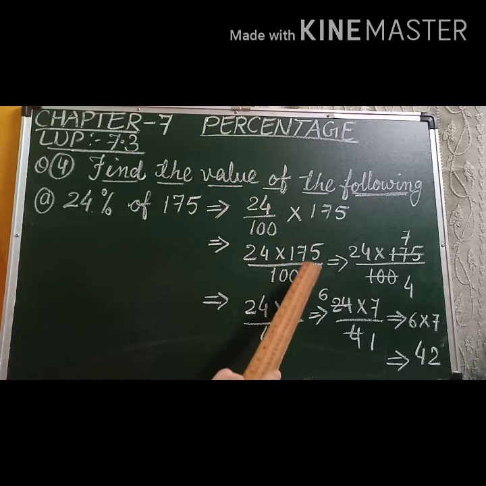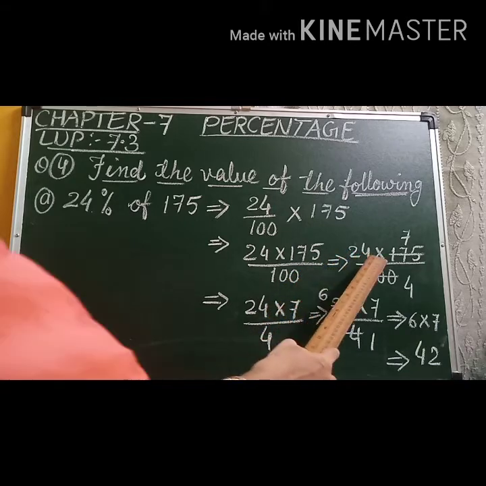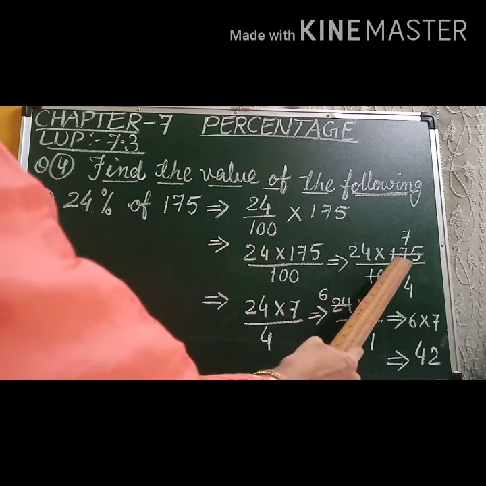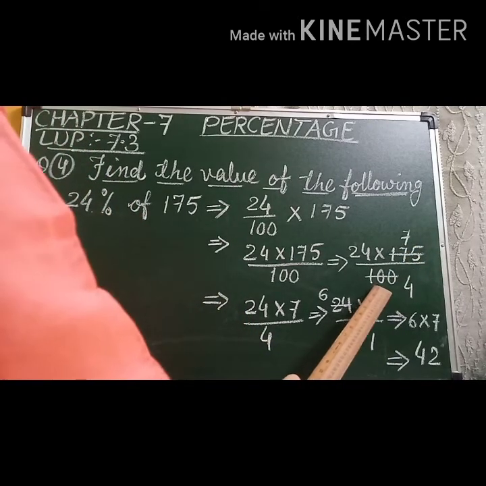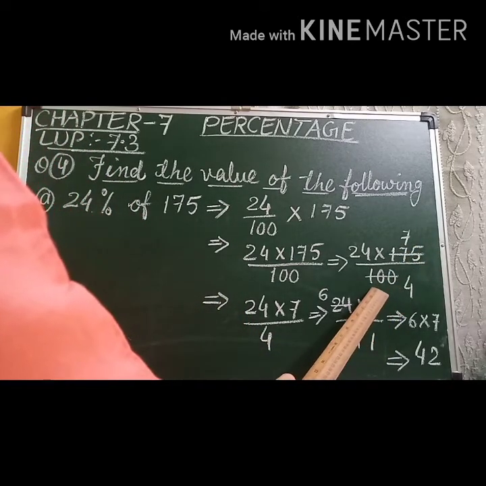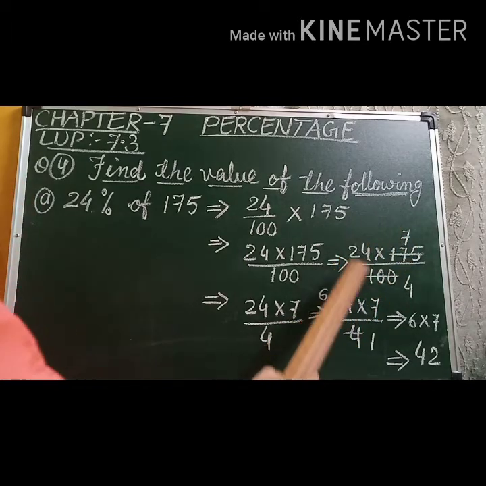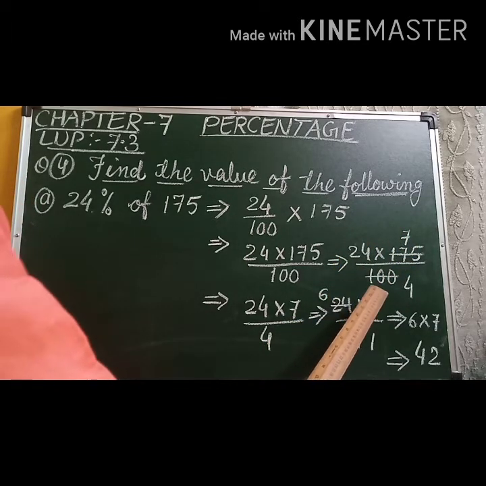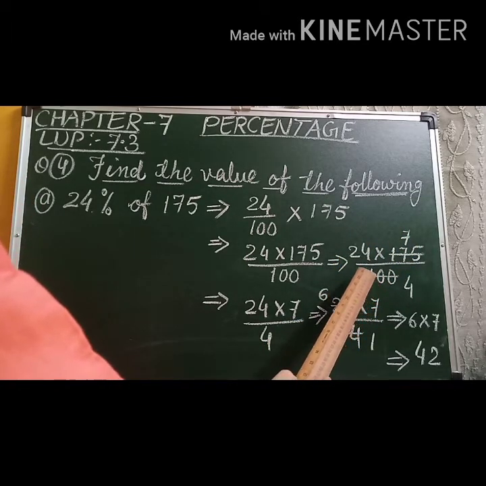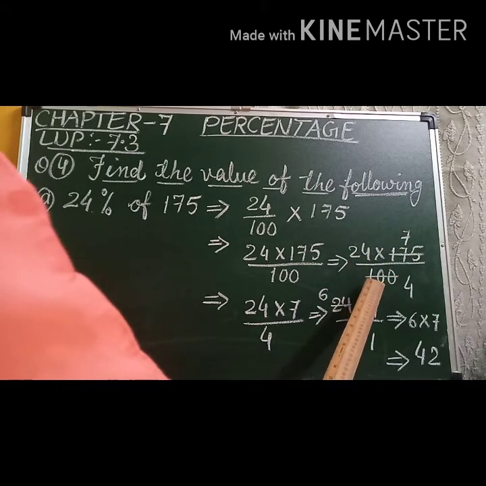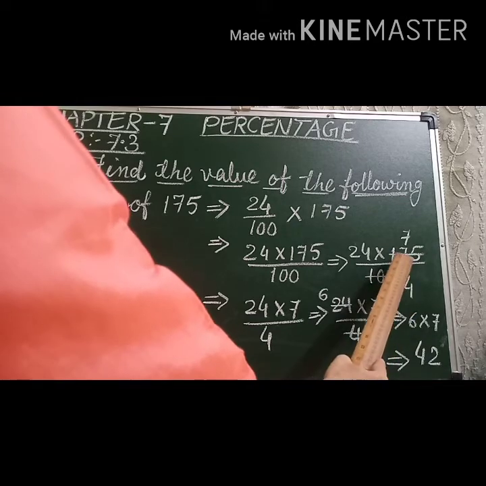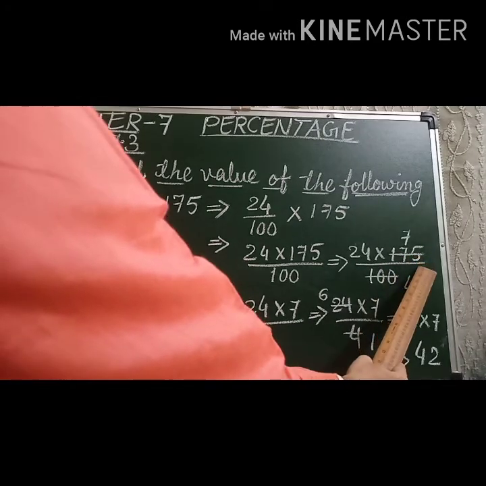So we can cancel these terms. 24 can be written as it is, and 25 7s are 175 and 25 4s are 100. So for simplification we have to learn the tables properly. If the tables are properly learned, you can simplify easily.